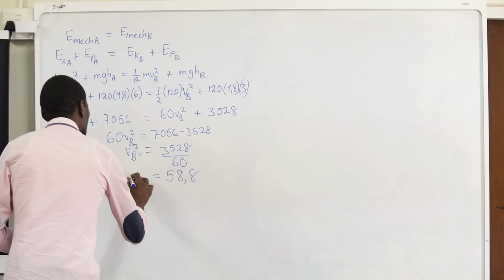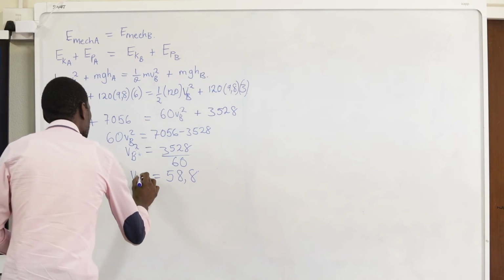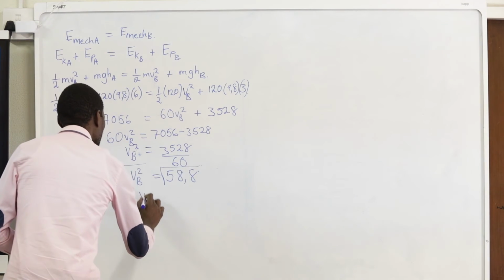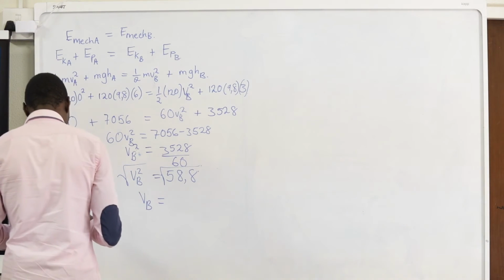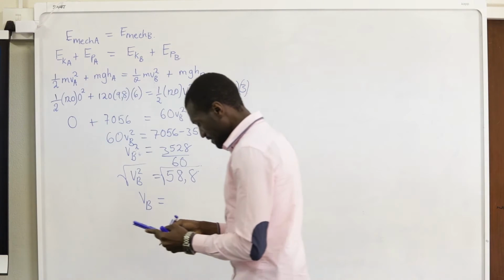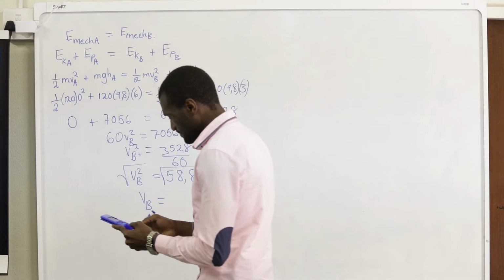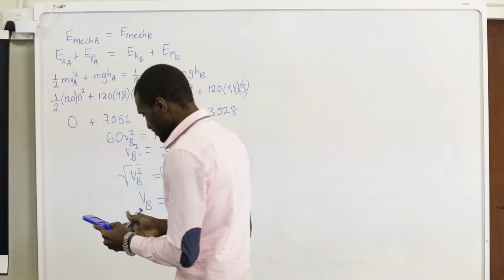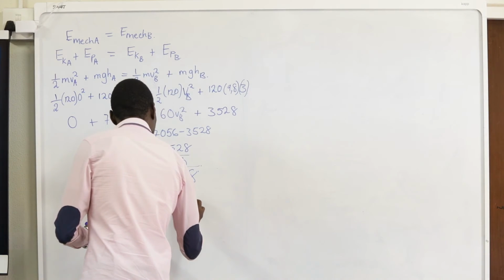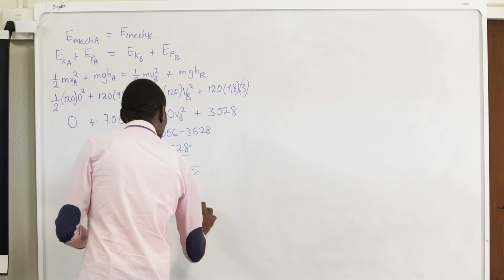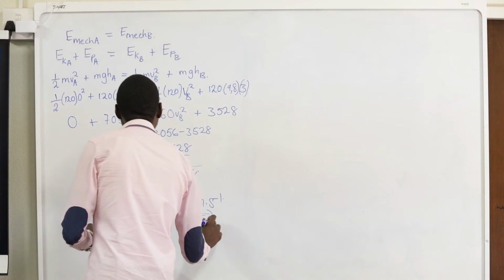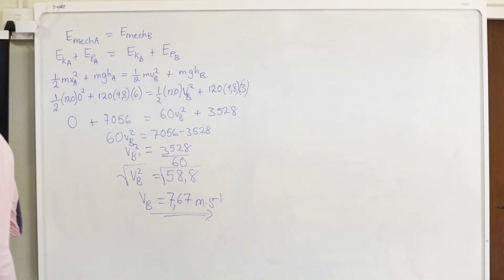But then if you find the square root of both sides, because this is VB squared, VB will be equal to the square root of 58.8, which gives you 7.67. And this is velocity, so it's in meters per second. There you go. That's your final answer for B.